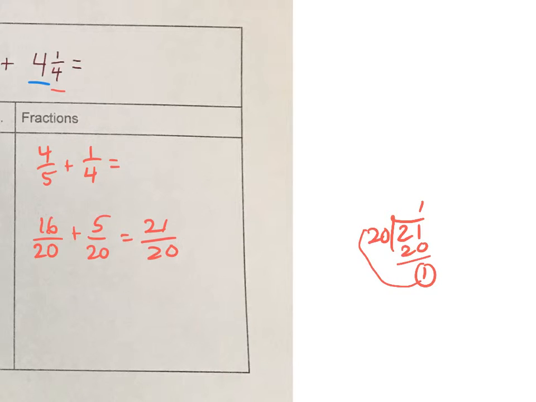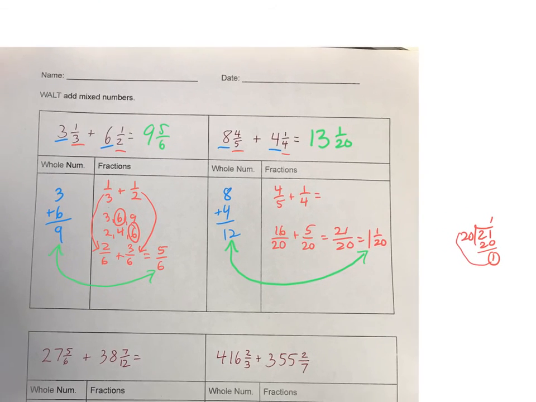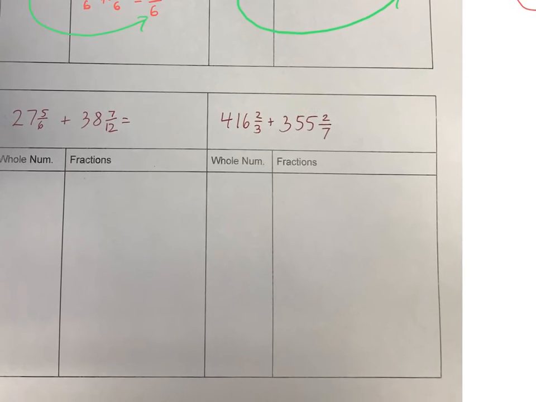But really, you can probably just do this in your head. And now what we need to do is this last step where we put together 12 plus 1 and 1/20. So really it's just 12 plus 1. It's going to be 13, and the 1/20 stays. So that's just how it works.